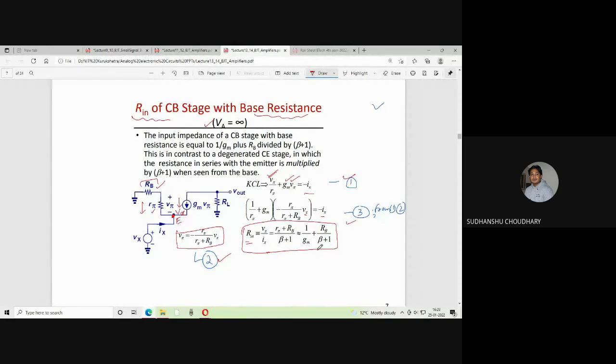Now if I look at the input impedance of the common emitter stage, that is, the impedance calculated on the emitter side for the common emitter stage with base resistance, we'll see that there is a difference now.